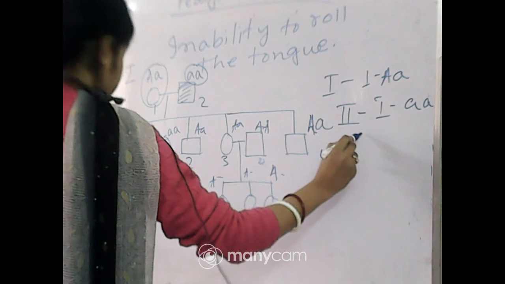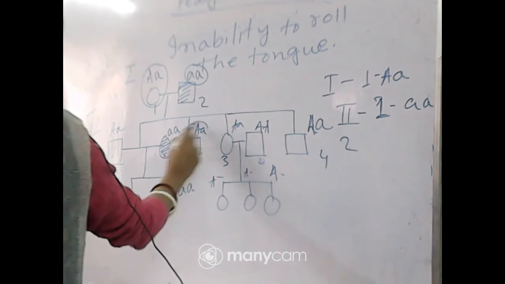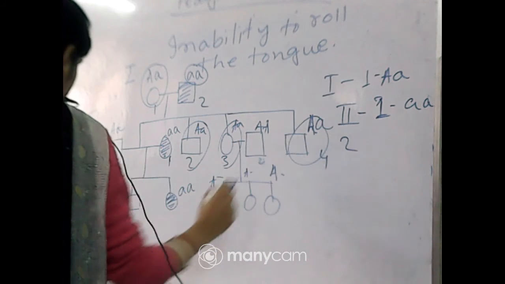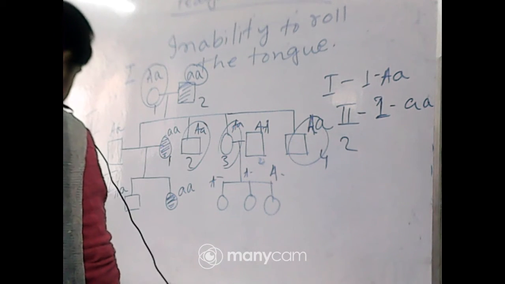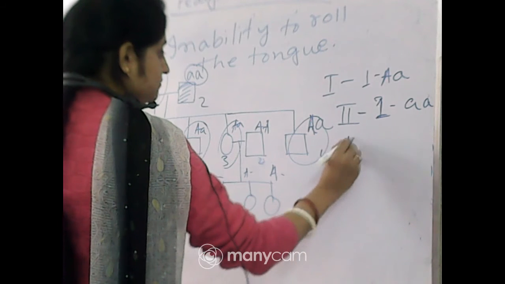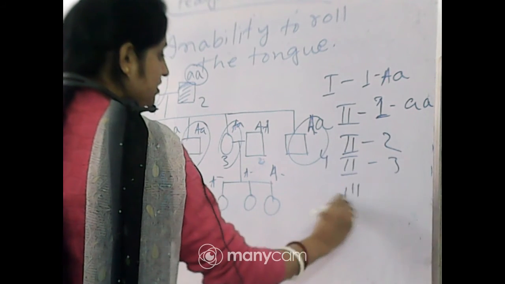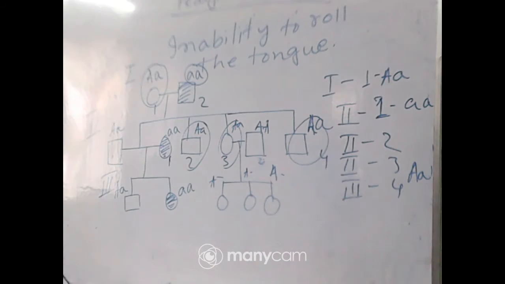Second generation 2, 3 and 4 are all heterozygous: second generation 2, second generation 3, second generation 4 are heterozygous, meaning capital A small a.